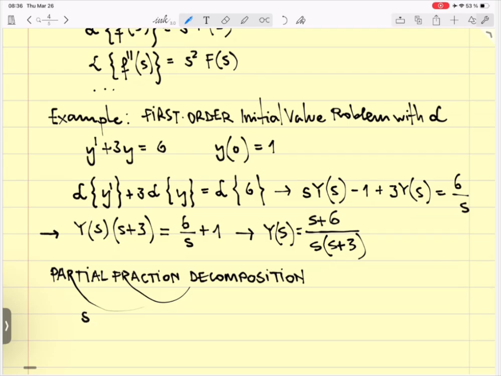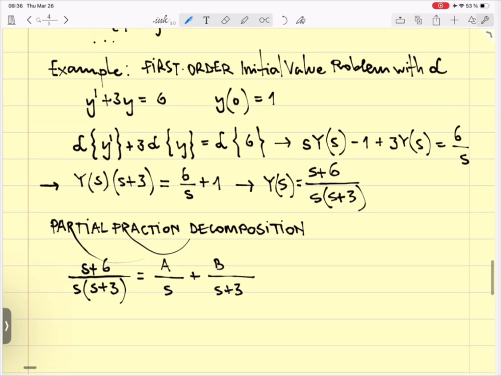s plus 6 divided by s times s plus 3 equals one coefficient a divided by s plus second coefficient b divided by s plus 3. We want to find out a and b.